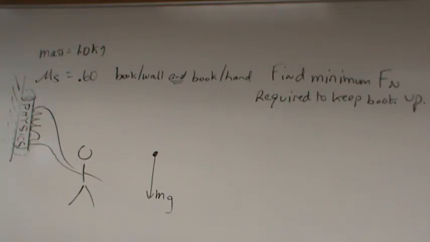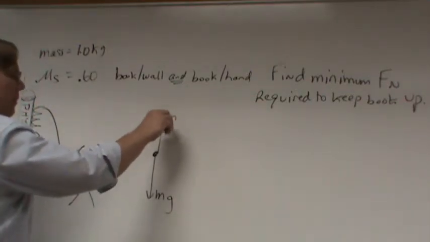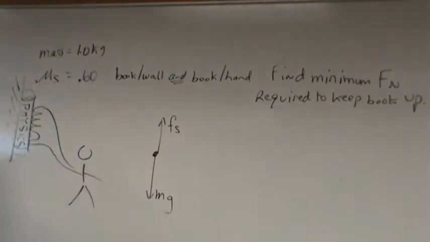Which force that my hand is exerting on the book do you want? Static friction. Okay, static friction. Imani says static friction between the book and my hand. Tell me, what direction is that force acting? Upward. Yeah, upward, right? Static friction between my book and the hand is upward. So we've got static friction between book and hand.